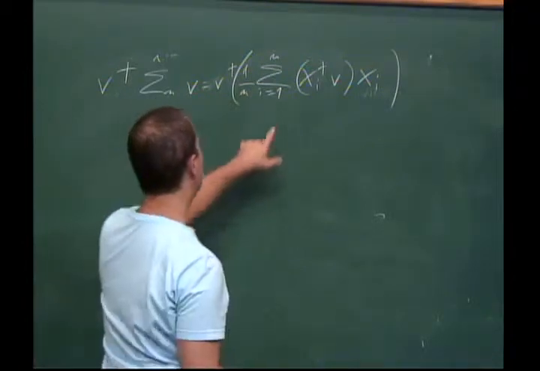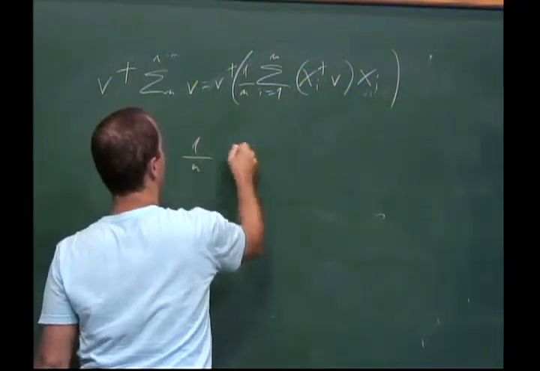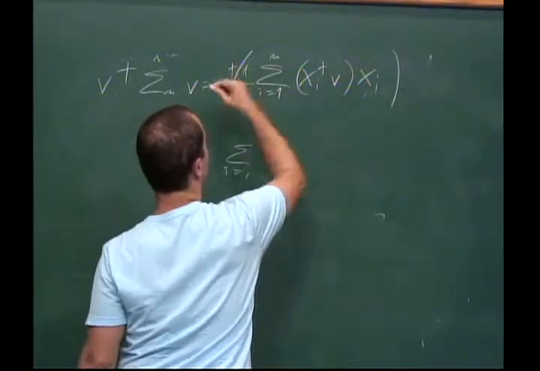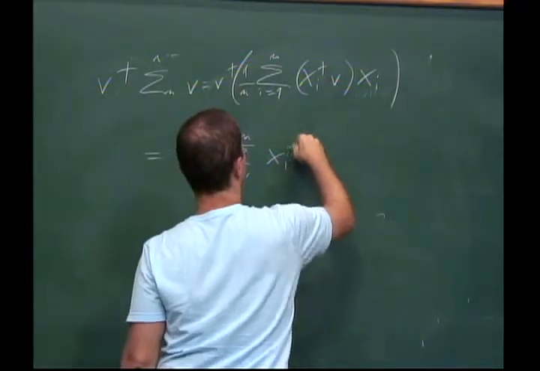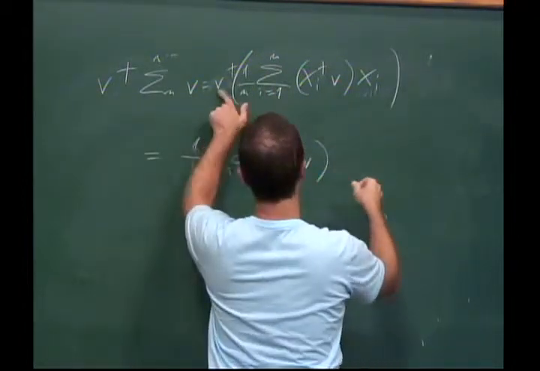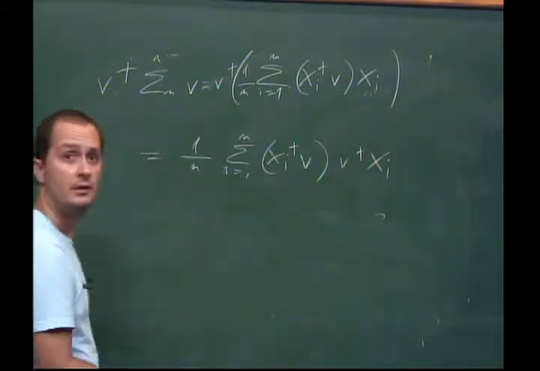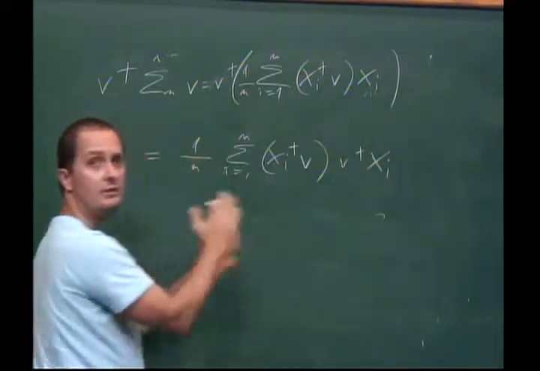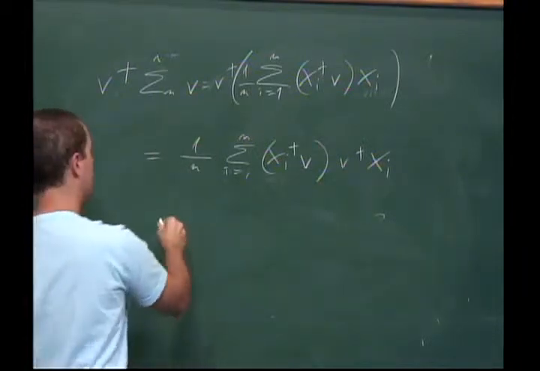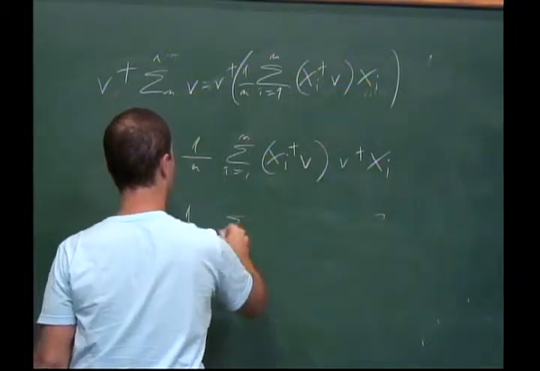Everything here is linear, so this is a scalar and I can move it outside. And I'm going to get v inner product with x_i. And of course, these two are the same, they're just mirror images, symmetric images of one another.